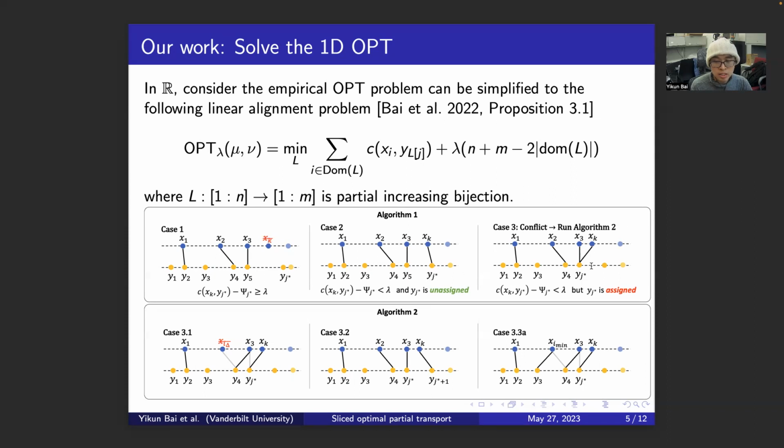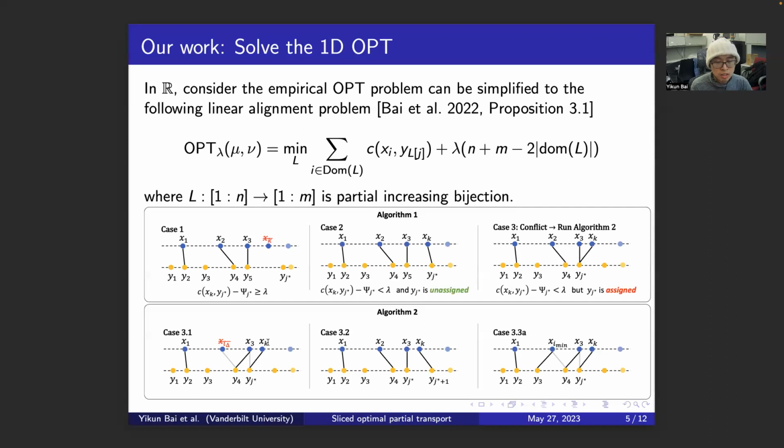In the third case, yj star is already assigned, so there is a conflict, and we will run algorithm 2 to solve the conflict. Algorithm 2 also considers three cases. In this case, we keep all the previous assignments, and we pair xk to yj star plus 1.